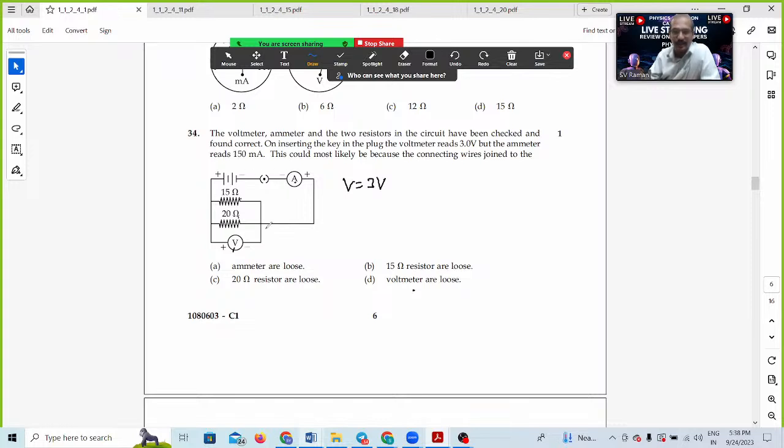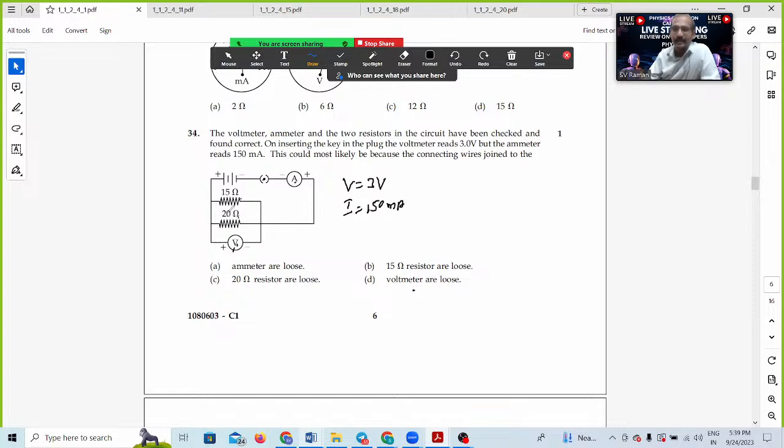All are connected very properly. On inserting the key in the plug, the voltmeter reads 3 volt, but the ammeter reads 150 milliamperes. So the current value through the ammeter that we can measure is 150 milliamperes. This is most likely because of the connecting wires being loose.